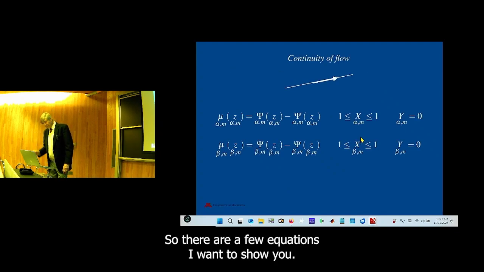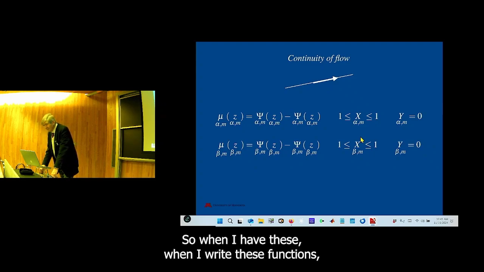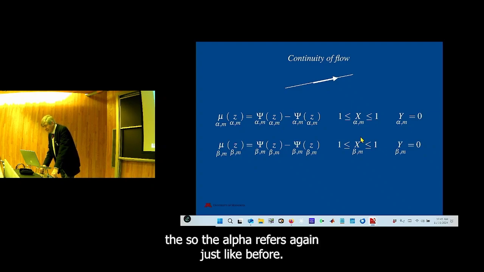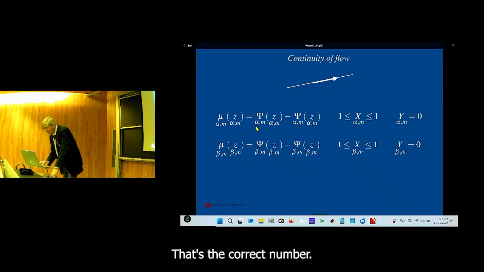So there are a few equations I want to show you. When I write these functions, that was that series that I showed, the alpha refers again, just like before, to the fracture number, that's the intersection number, and so they're all labeled, and then this is plane beta.